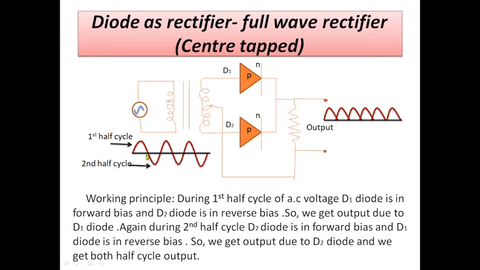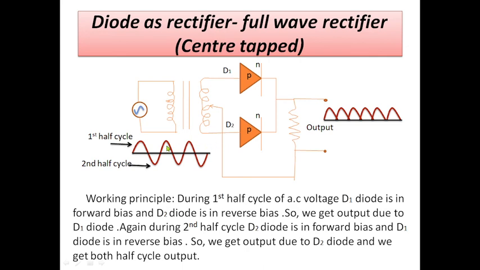But for the second half cycle, current will flow in this way, so D2 will be activated and D1 will not be activated, so current will go through this wire and along this way, and the circuit is completed.